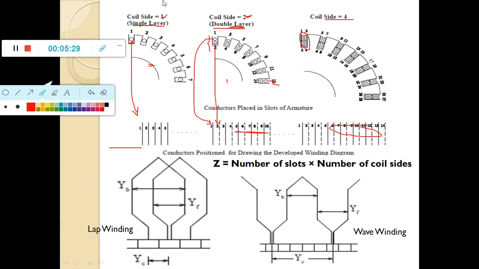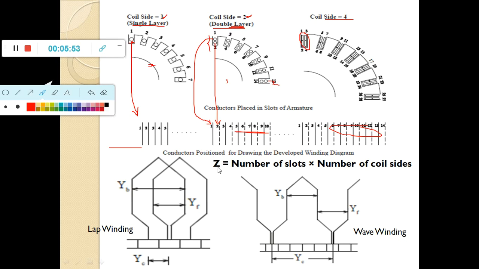So a visible conductor is represented by a continuous line, and an invisible conductor is represented by a dashed line. If you know the number of slots and the number of coil sides, you can easily find the total number of conductors present in the machine, which is represented by Z.